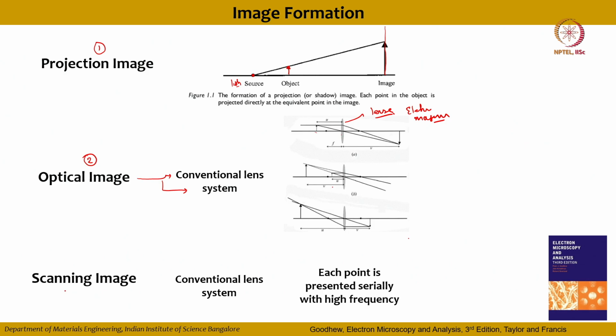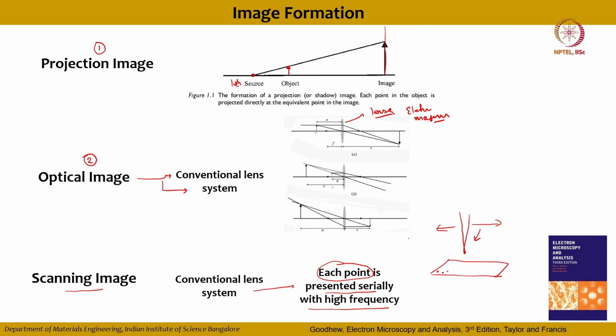Then another one is the scanning image. This also uses a conventional lens system, but here the difference is each point on the sample surface is scanned, or is presented serially, with a high frequency beam. Okay, so if you have a sample surface and you have a beam, this particular beam is rastered in x and y directions.